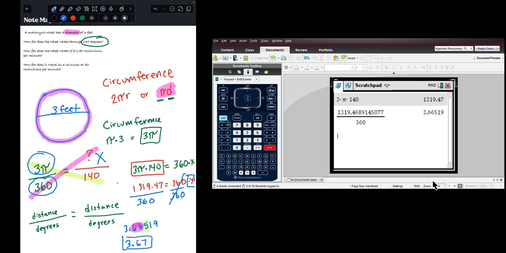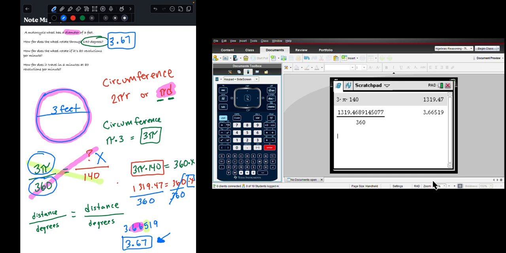So if I were to ask, how far does it rotate in only 140 degrees? Well, it travels 3.67. Whether it's feet or inches depends on the question, but it's 3.67. Now that we know how much it travels there, that's going to be our answer here, 3.67. So we're done with that part.